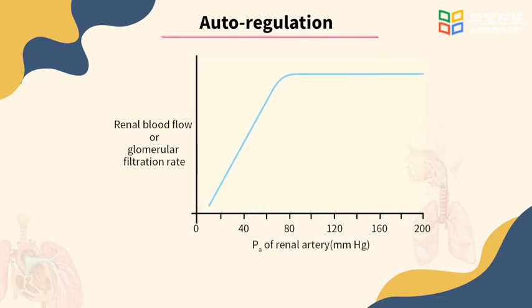Renal blood flow is kept constant when renal arterial pressure varies from 80 to 200 mmHg. Only when renal arterial pressure decreases to less than 80 mmHg does renal blood flow start to decrease. The constancy of renal blood flow is achieved by modulating the resistance of the arterioles.